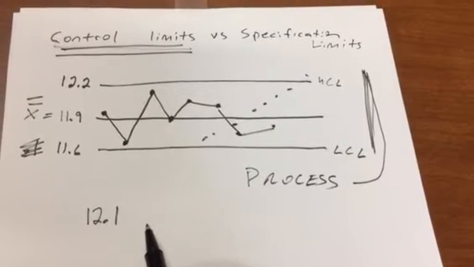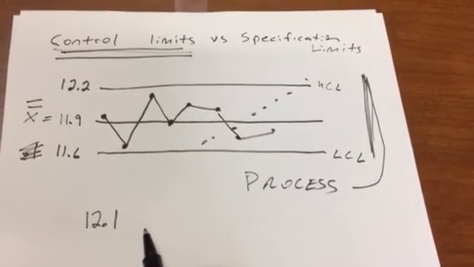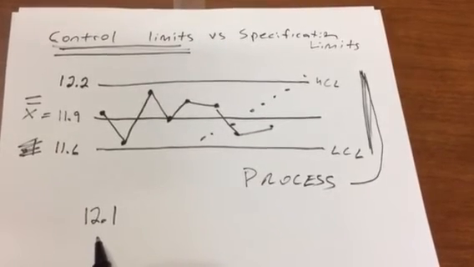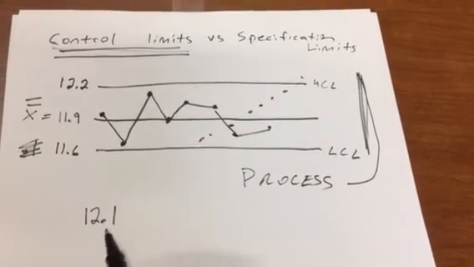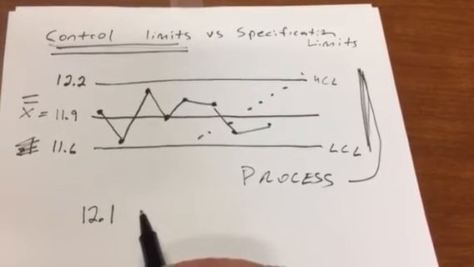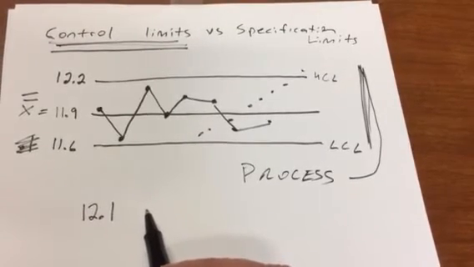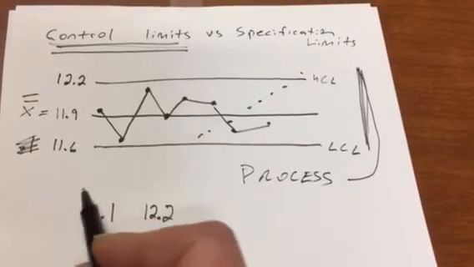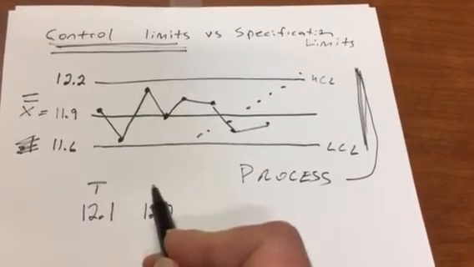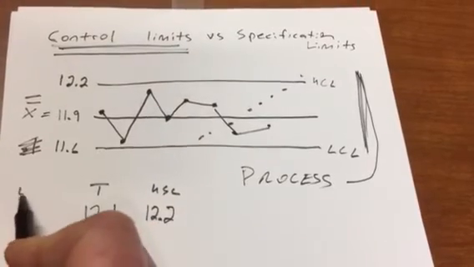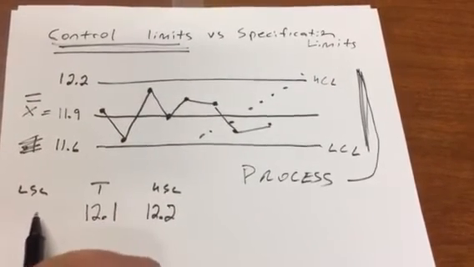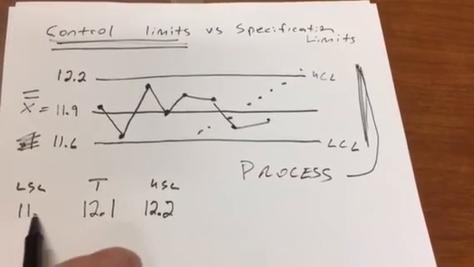Okay, so anyway, they've got the specification, and let's say the ideal beer bottle is going to be 12.1 ounces. Every beer bottle has to be between 12.2, so that's the upper specification limit. This is the target, upper specification limit, and lower specification limit. So that's what the company has said needs to be in each beer bottle.